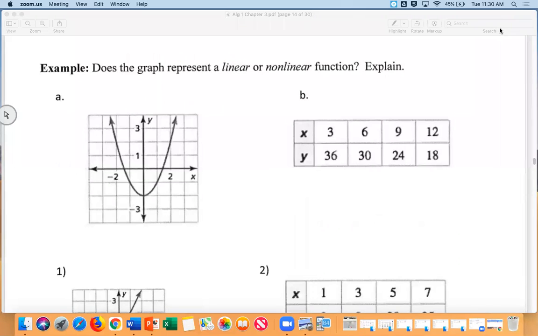Joey, linear or nonlinear? For A, is that a line? So it's nonlinear. Now, why is it nonlinear? Because it is a, what word did I use?